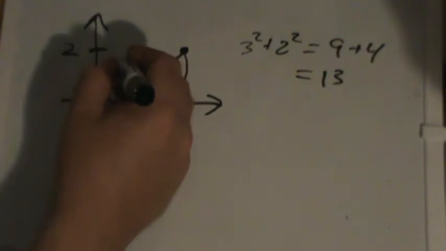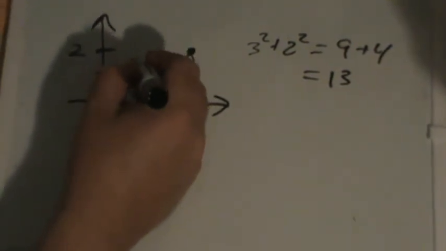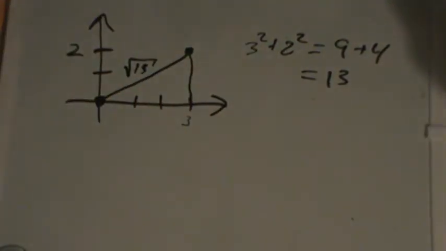So this side over here has to be the square root of 13. And we go, yay, we've got our answer, and that's a reasonable distance. We often call that the Euclidean distance because this is how Euclid measured things.